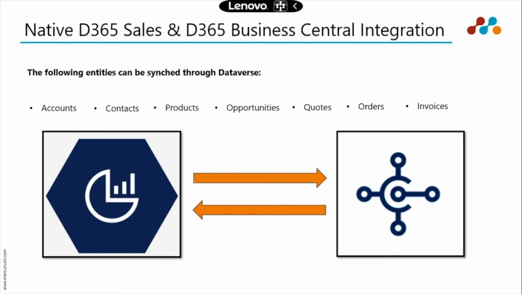If we want a seamless integration between the two teams, the sales team as well as the finance team, so that their daily working is not affected, we would need an integration between the two systems so that both teams are able to access the data at the same time. They are able to manipulate that data, and the updates that each team makes are visible to the other team in real time. For today's session, we will be seeing native Dynamics 365 Sales and Business Central integration through a manual process.